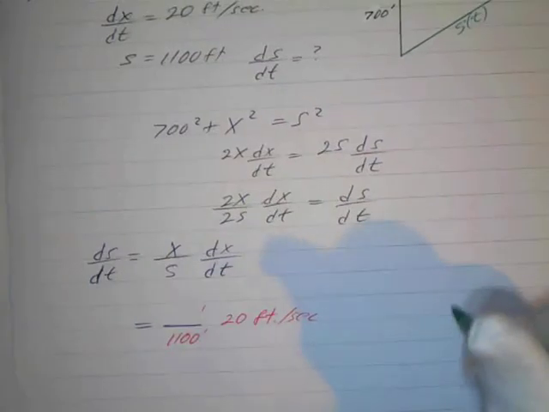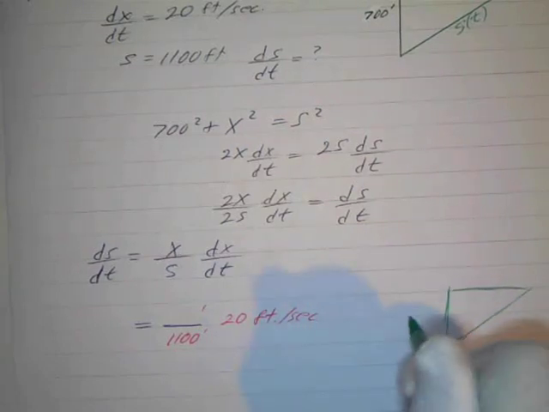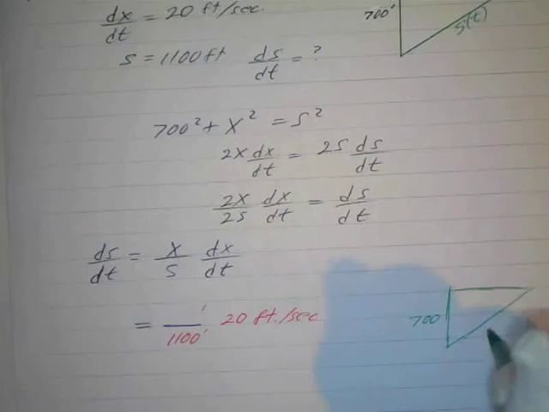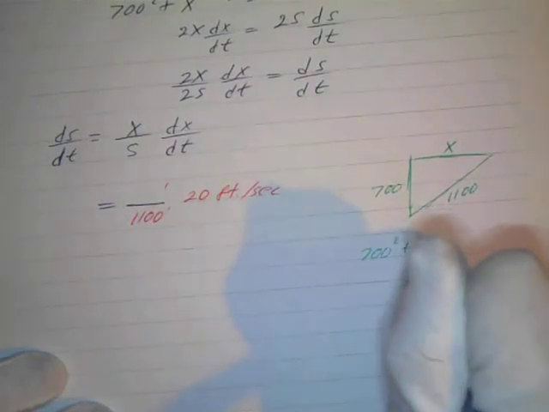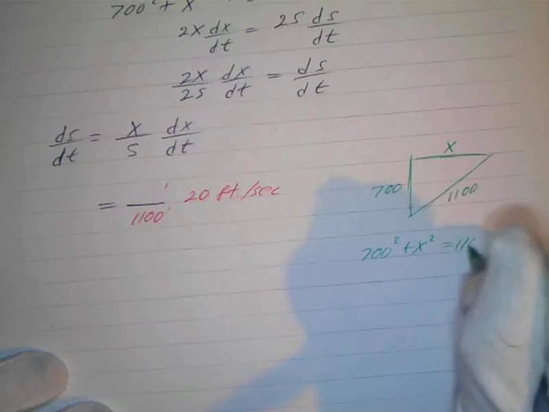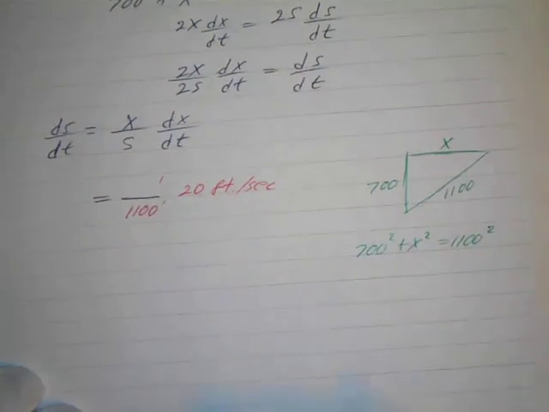We'll sketch it out real fast. This is 700, this is 1,100, and we're looking for x. So I got some big numbers here: 700 squared plus x squared equals 1,100 squared. Let's see if we can do this without a calculator.